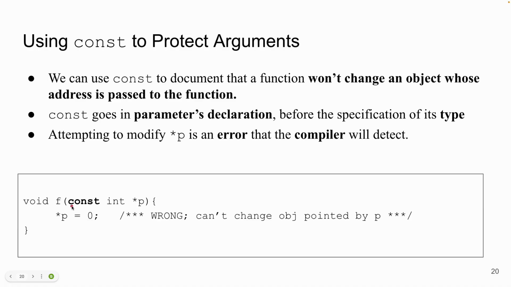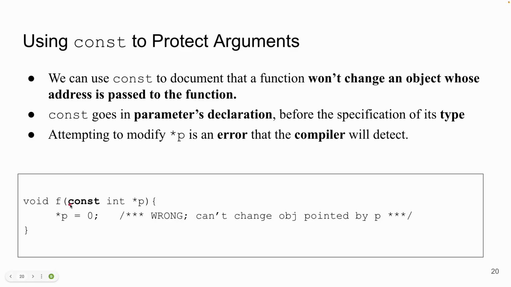Const is the abbreviation for constant. It tells the C compiler that we should treat this value as constant, which means that we cannot change the value of this object.